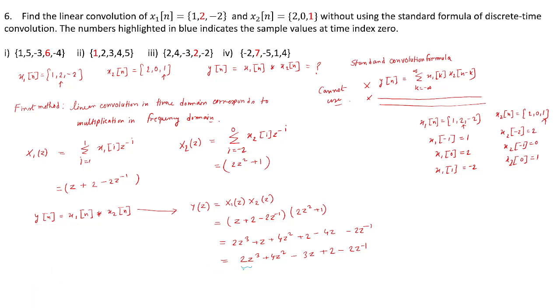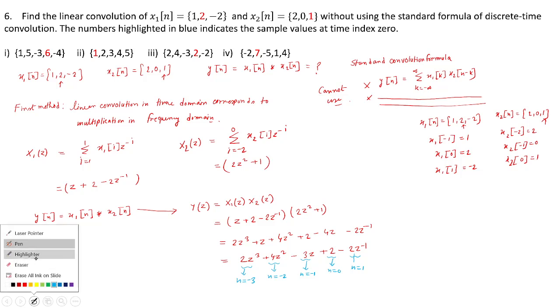This coefficient corresponds to time instant n equal to -3. This one corresponds to n equal to -2. This one corresponds to n equal to -1. This one is the 0th indexed symbol, and this one corresponds to n equal to 1.